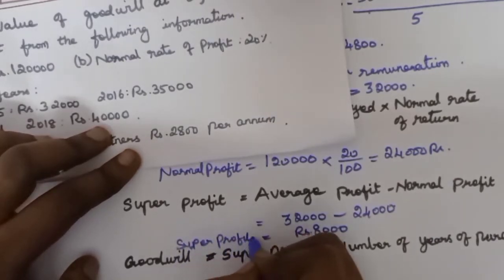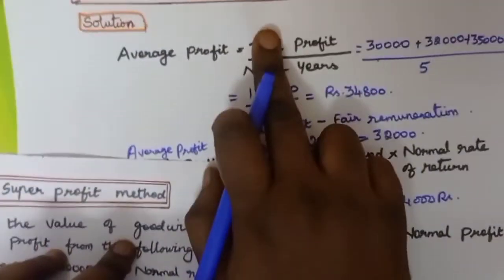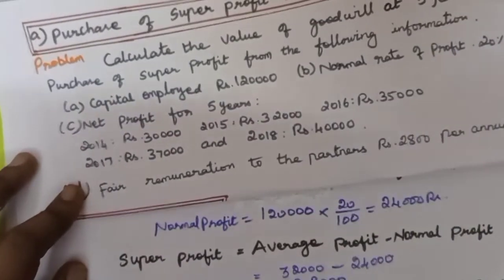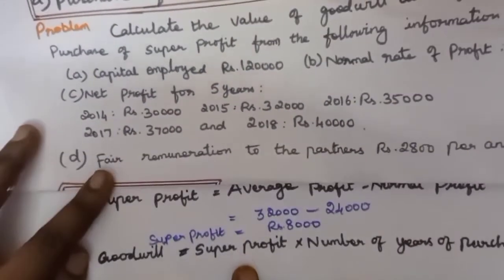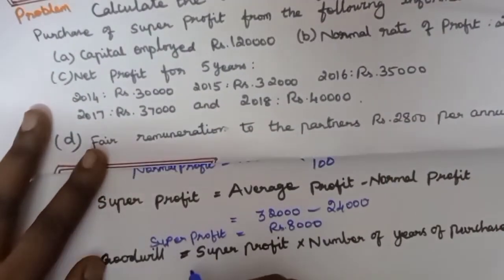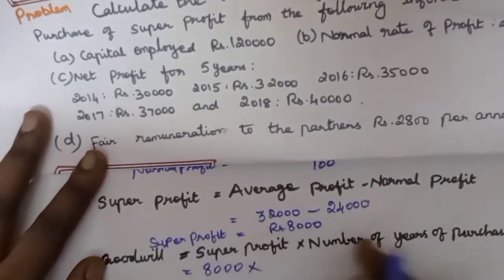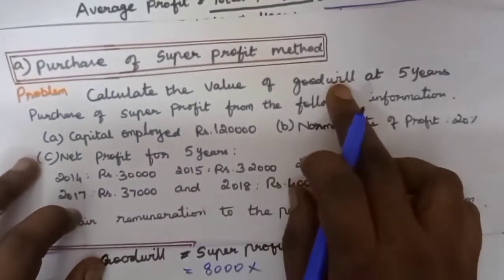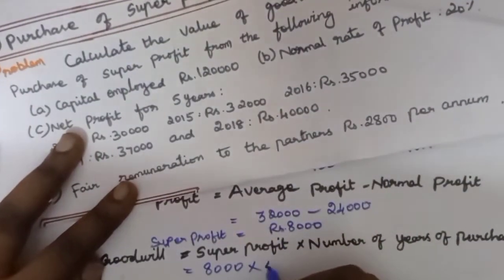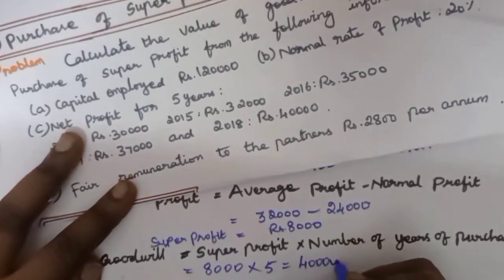Next, find out the goodwill under the purchase of super profit method. Goodwill is equal to super profit into number of years of purchase. Super profit 8,000. Number of years of purchase: look at the problem, 5 years purchase of super profit. 8,000 into 5, we will get 40,000 rupees.